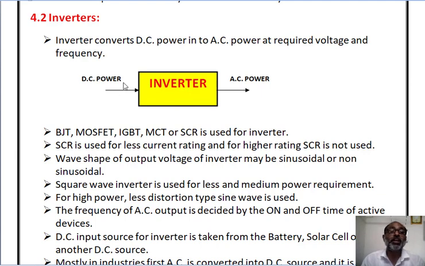The inverter requires a DC input. This DC source is taken from a battery, solar cell or another DC source. The solar cell is nowadays more popular. It provides DC power to the inverter, which converts DC into AC.